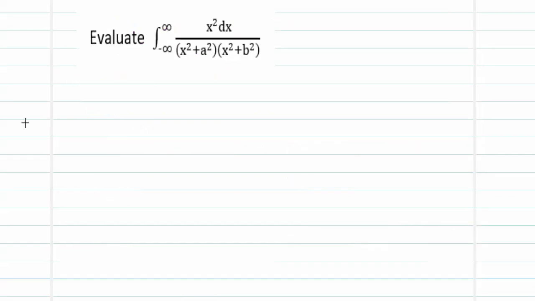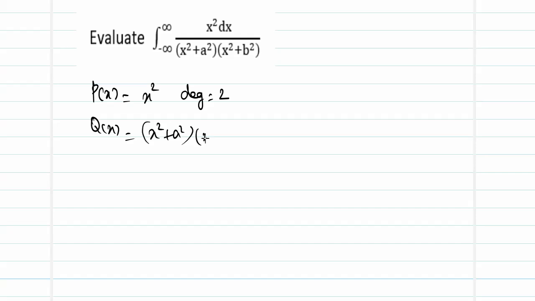So we will have these things in mind, and now move on to see how we can evaluate the integral from minus infinity to infinity of x square dx divided by (x square plus a square) into (x square plus b square). Now we can see that p of x is going to be x square, which is of degree 2. And what is our q of x? Q of x is (x square plus a square) and (x square plus b square).